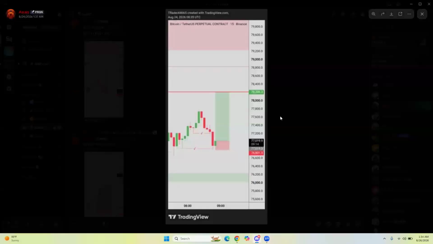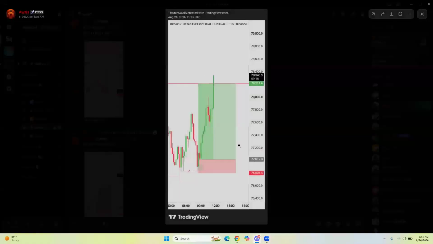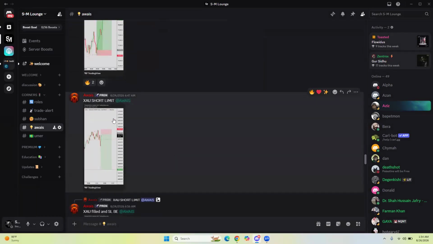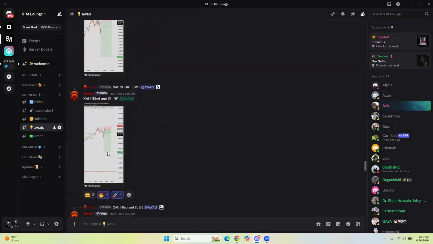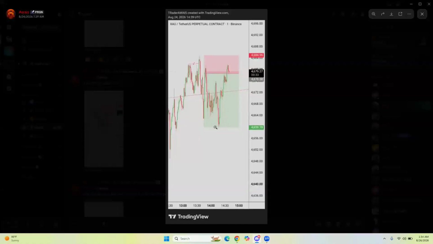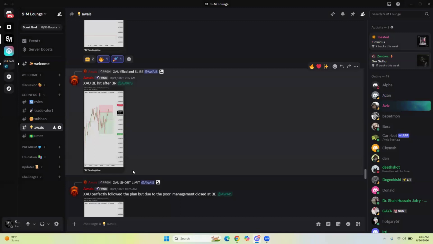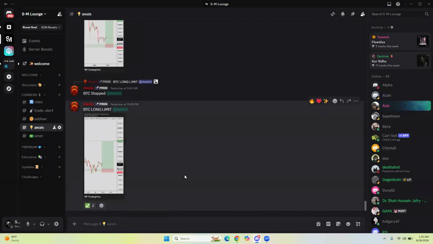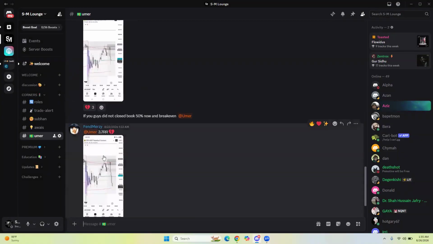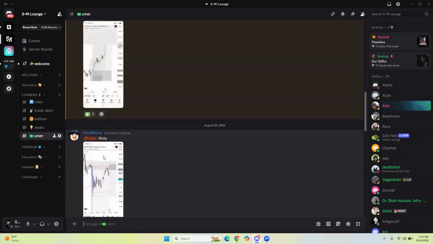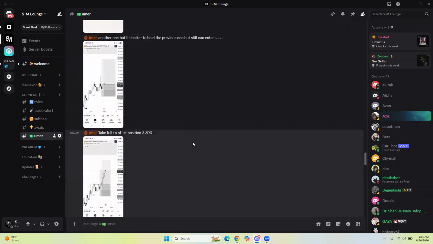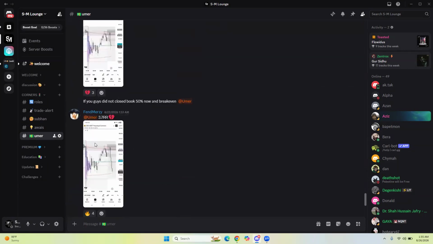Again, long here at current market price, 5.5R. Then he shorted gold and moved stop loss to break even. It also went up for 3R, then broke even and got out. Overall, Omar is also doing great here. Look at this 3.7R setup and 2.5R here. So also doing very great here.